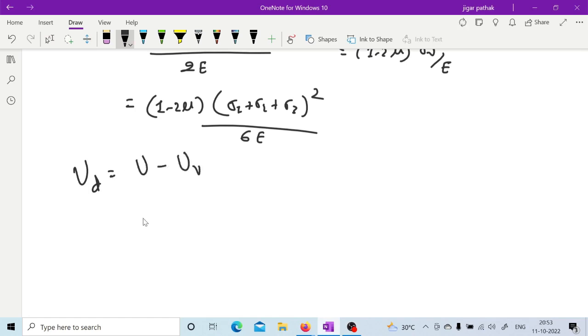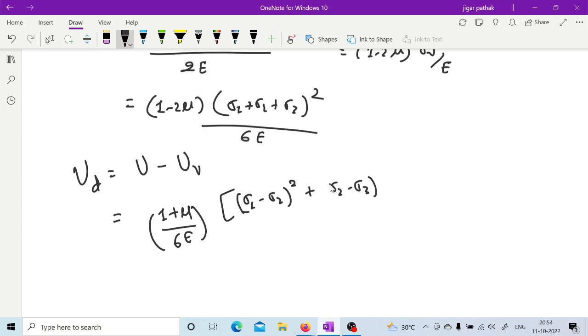If you put all those values, what you will end up with is 1 plus mu upon 6E into sigma 1 minus sigma 2 square plus sigma 2 minus sigma 3 square plus sigma 3 minus sigma 1 square.